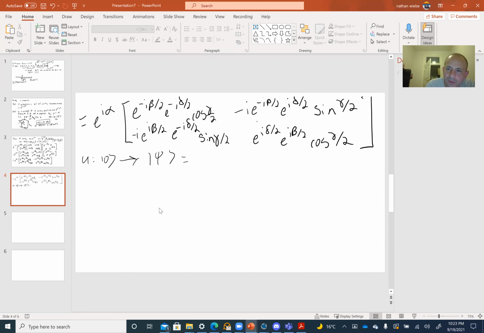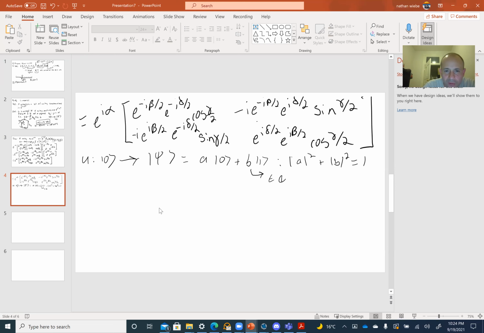And so that column for the arbitrary state psi, let's just choose it to be of the form A 0 plus B 1. And of course, in order to make this a valid quantum state vector, the total probability has to be 1, meaning that absolute value of A squared plus absolute value of B squared is equal to 1. And just to remind you, these are complex values, so these are in C, subject to this constraint.